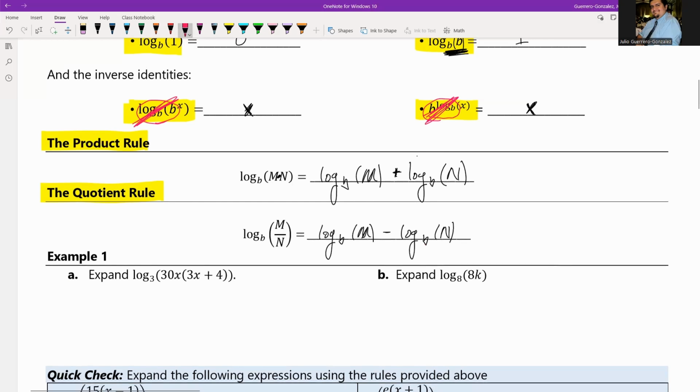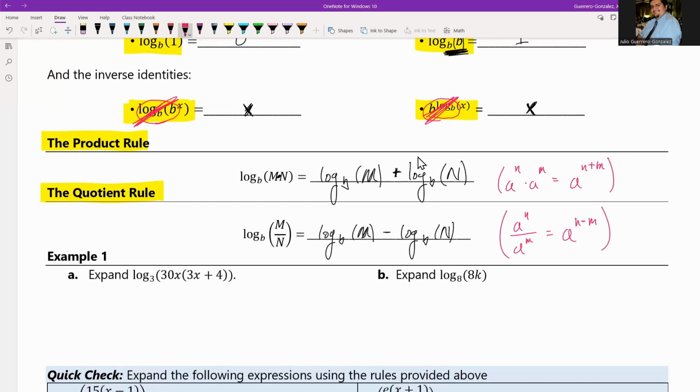These more or less, actually exactly, match up to this. If you remember, if you had a to the n times a to the m, what we got to do is just do a to the n plus m. We were able to add the exponents. And then over here, if you recall, a to the n divided by a to the m, that was a to the n minus m.